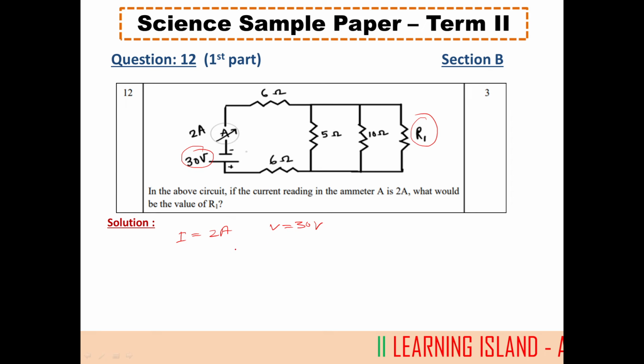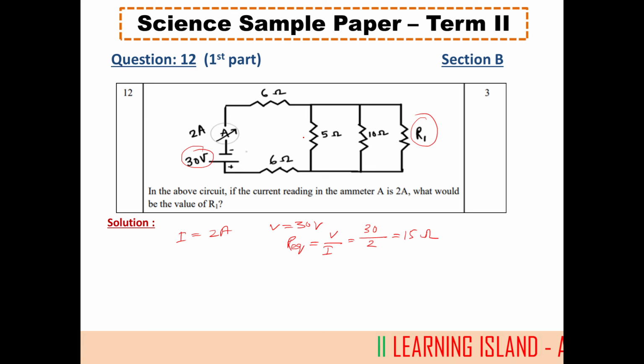So I can tell that the equivalent resistance R equivalent of the circuit will be V by I. V is 30, I is 2, so we get 15 ohm. So the total equivalent resistance is 15 ohm.